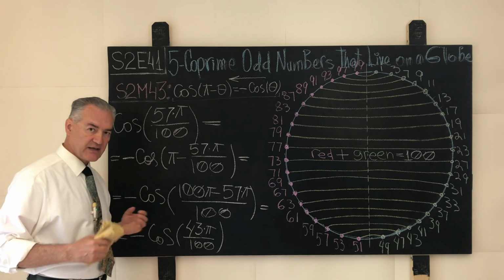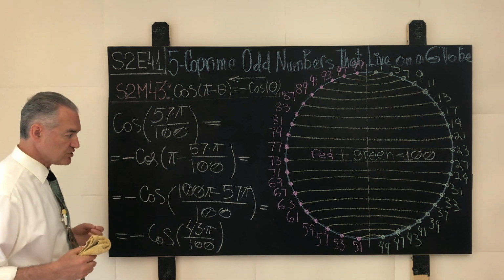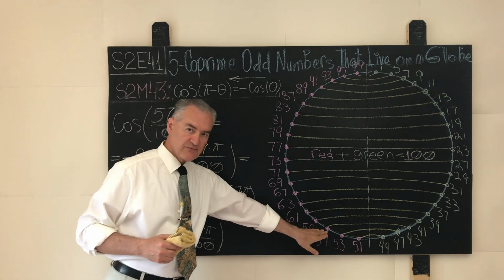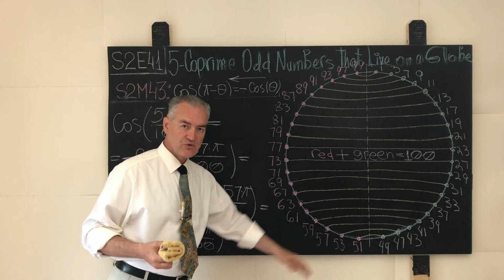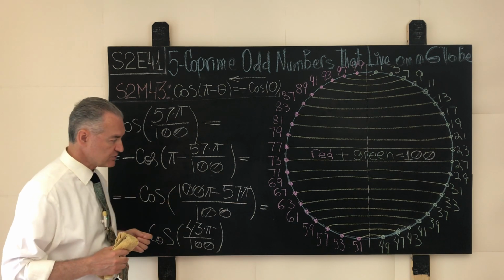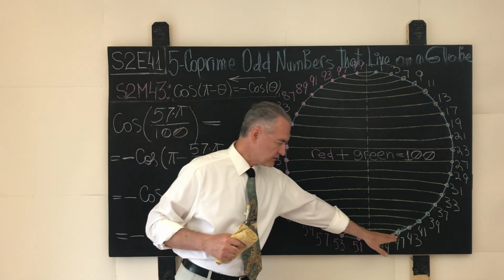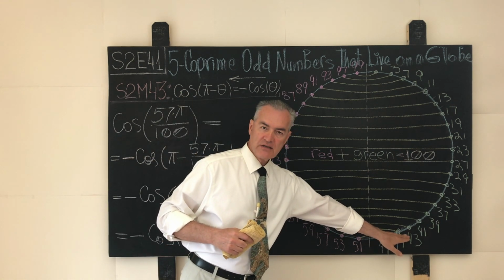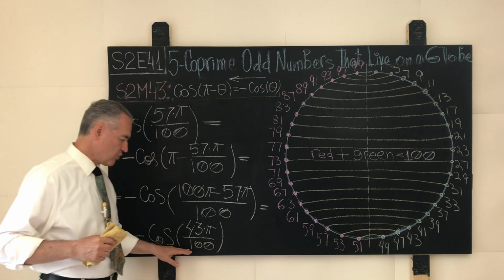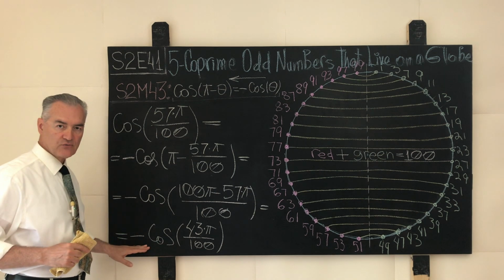That is precisely the tactical idea behind the design and the distribution of these numbers, and we just proved yet again that the cosine of the red number 57 times pi over 100, which is a factor in our original product of 40 cosines, is equal to the cosine of the corresponding green number 43 times pi over 100 scaled by the multiplicative constant of -1.